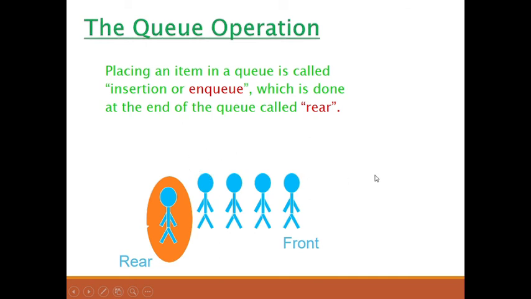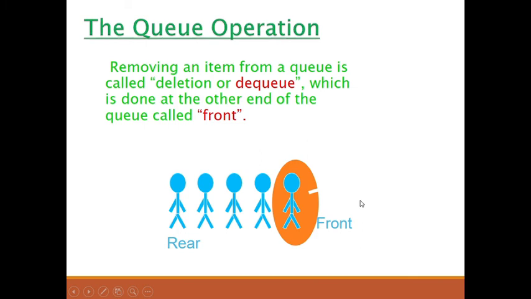Removing an item, dequeue, is done at the front, the other end of the queue. So when we add, we go with the rear one. Now if we delete, we go with the front one.